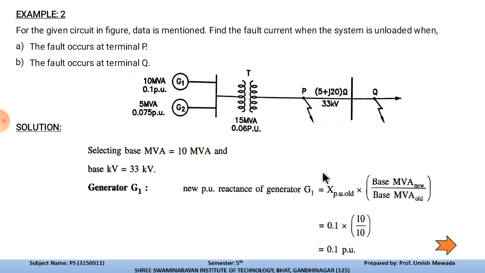This is the equation that we already discussed in the impedance section. The X PU old of G1 is 0.1 pu, the base MVA of this unit is 10, and the new base that we have selected is 10 MVA. After solving this, the new PU reactance for G1 is 0.1 pu.